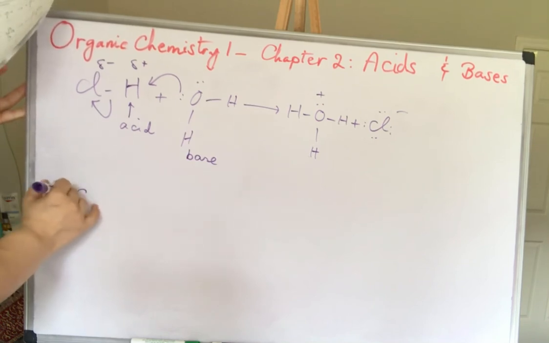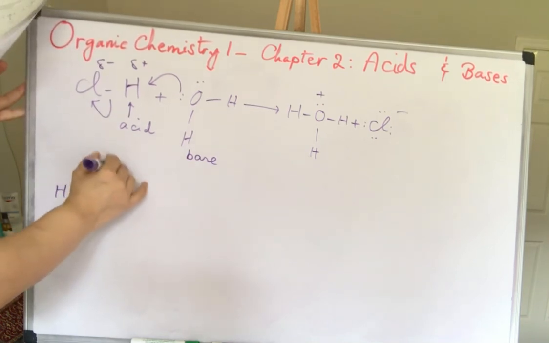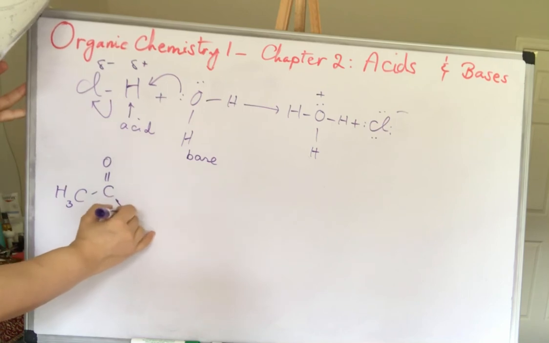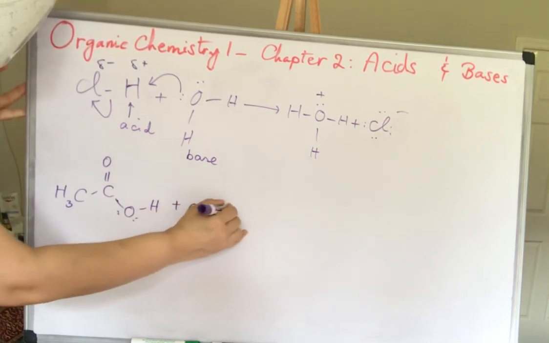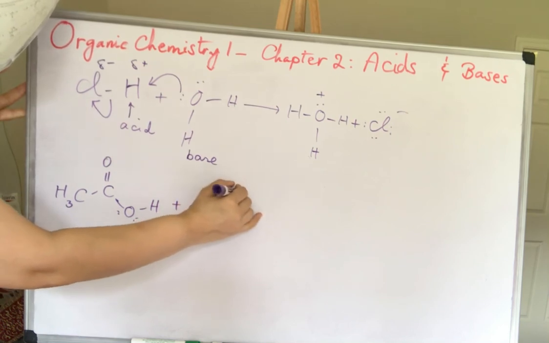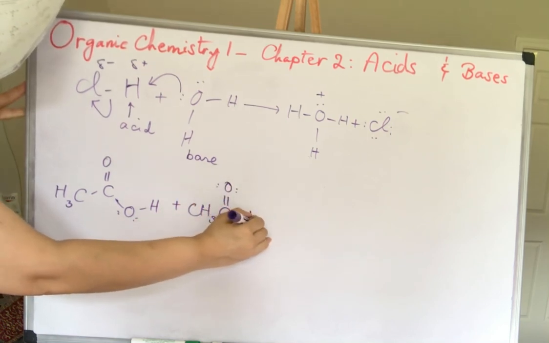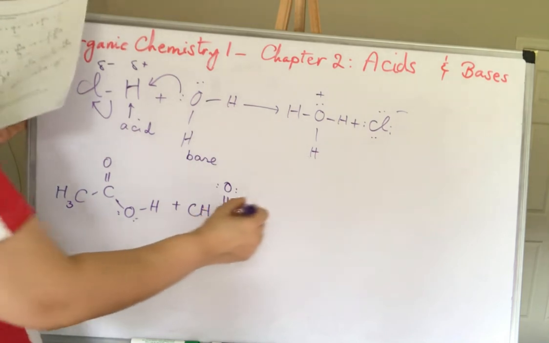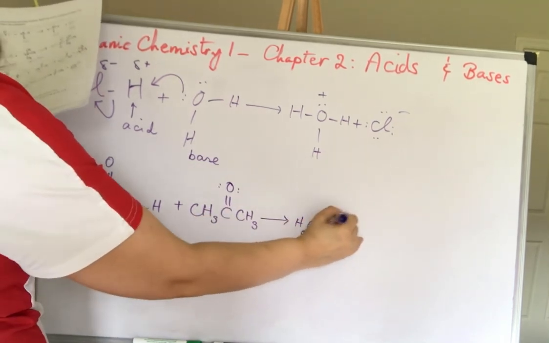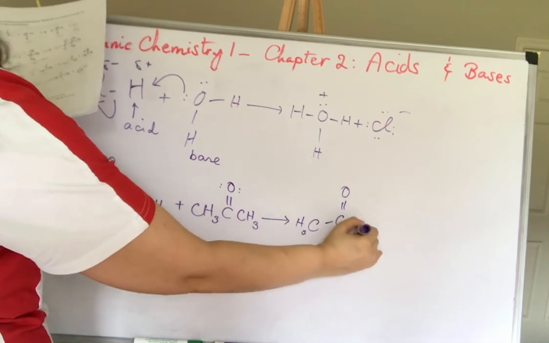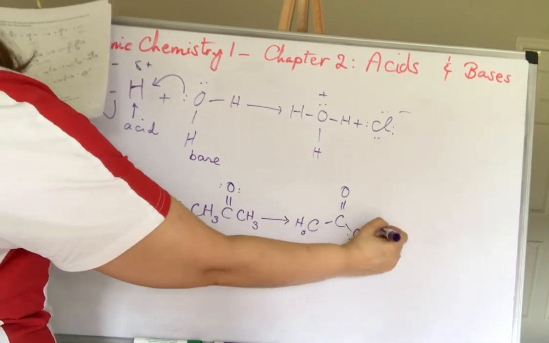This next one is CH3COOH plus CH3COCH3. So let's determine, the products are given, so we just need to determine the acid and base.